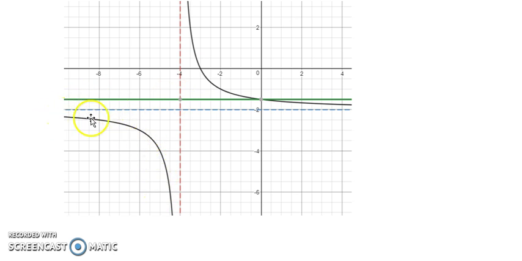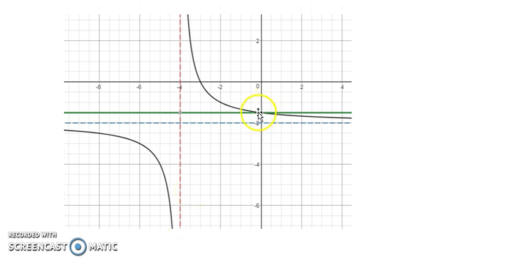All over here. It's below from negative infinity all the way to this asymptote, not included. And it's also below, starting at this point, not included, because it's strictly less than what we're looking for, and all the way until infinity.